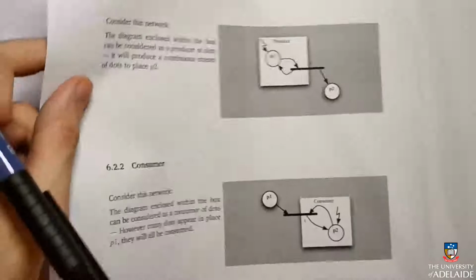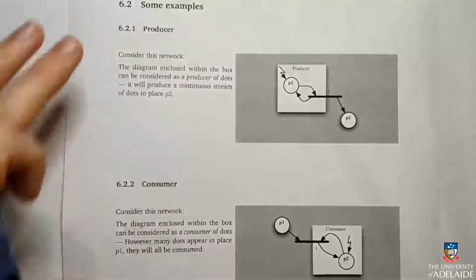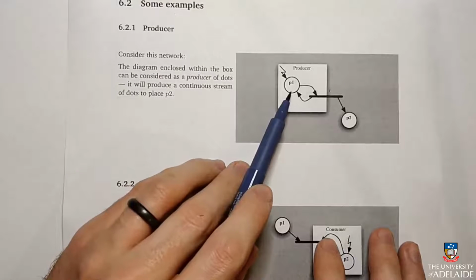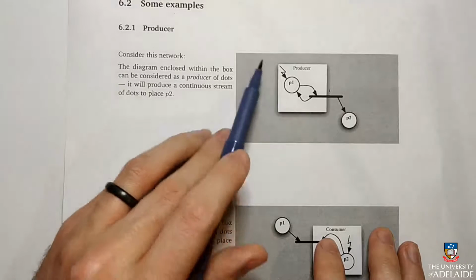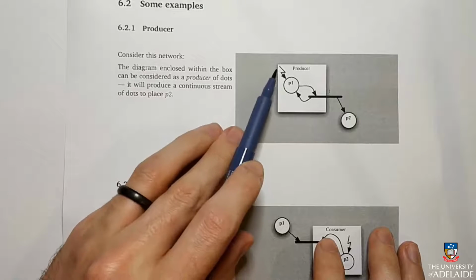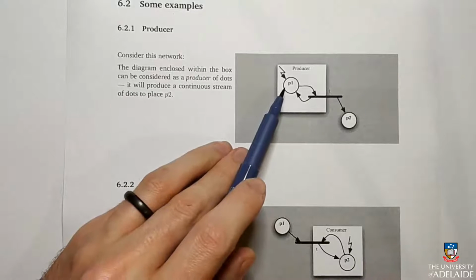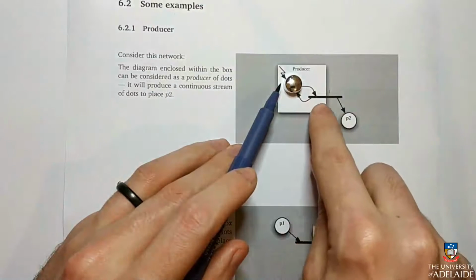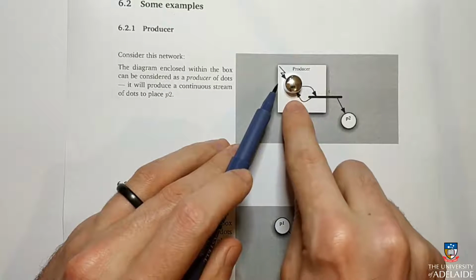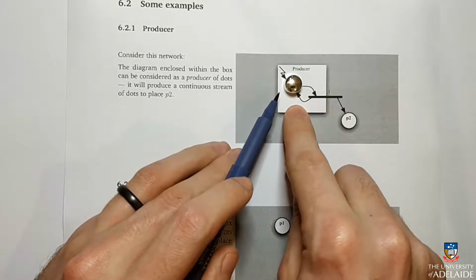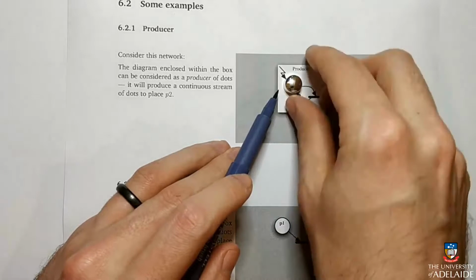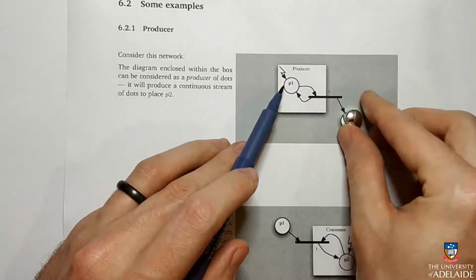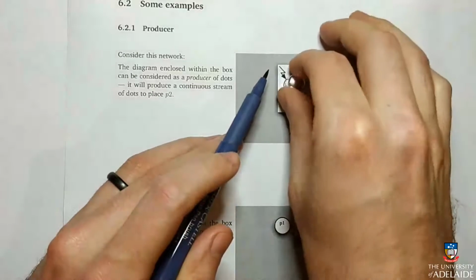In this case, we have the producer and consumer structures. We have a single producer, a place that is initialized with a token present in it, like so. You can see that the input condition for the transition is that this place is populated, but it's also one of the output conditions. So every time this transition fires, it's going to consume this input, and then it's going to produce the outputs like so.